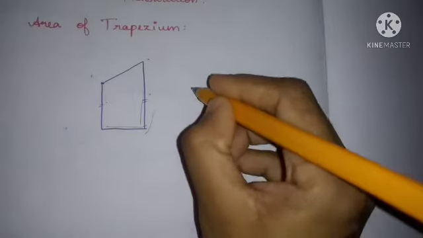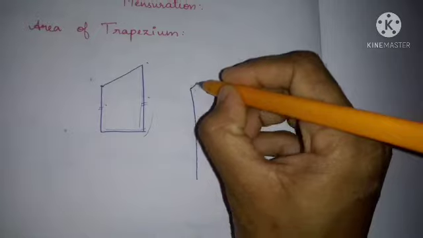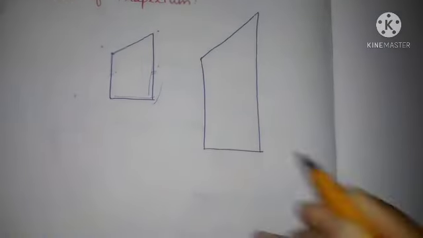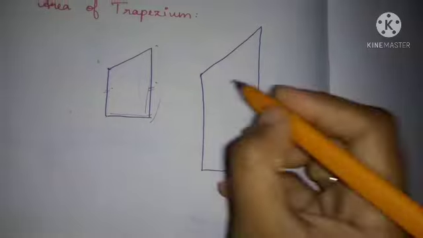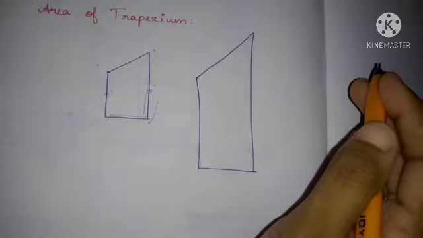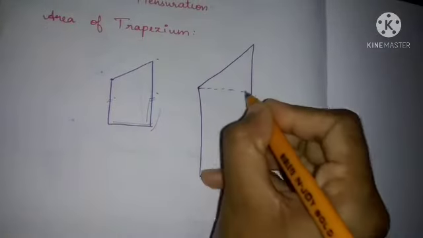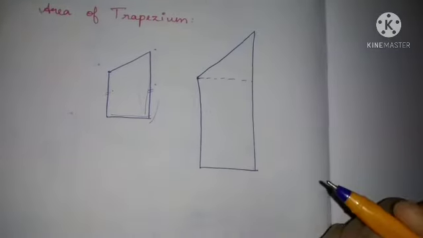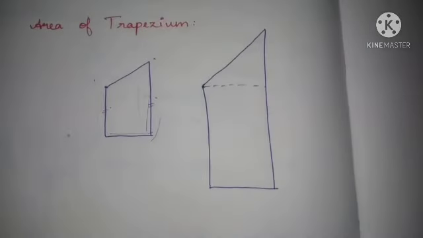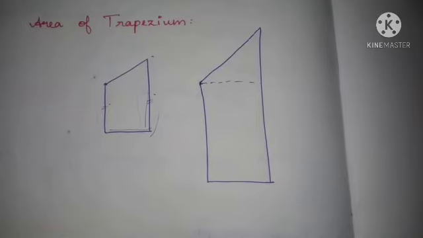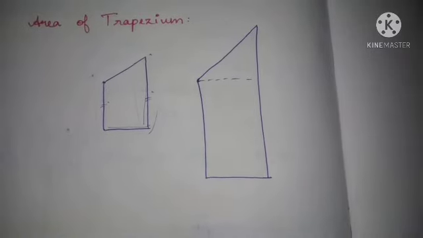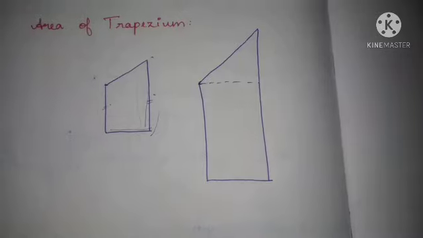Okay, so I am just going to draw it big. So this is one of the trapezium. I am going to divide this trapezium into a triangle and one rectangle. Because like last time how we found the area of the triangle, and using that area of triangle we can form the parallelogram. From the parallelogram we can find the triangle, like that we can do, right?